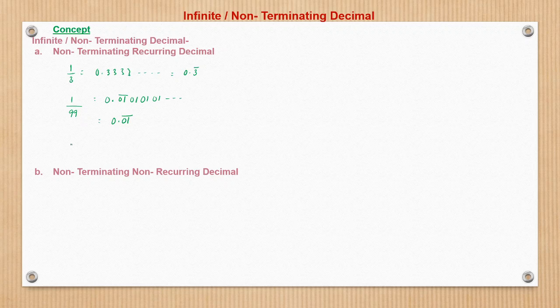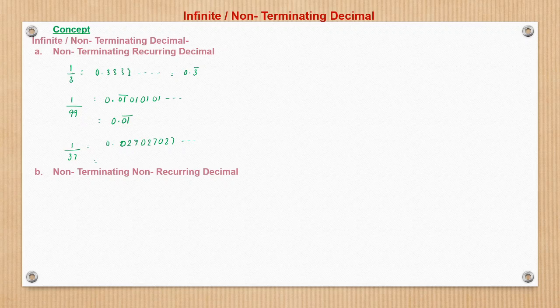Similarly, if I take another example, say 1 upon 37, if we expand this, we will get 0.027, 027, 027 and so on.